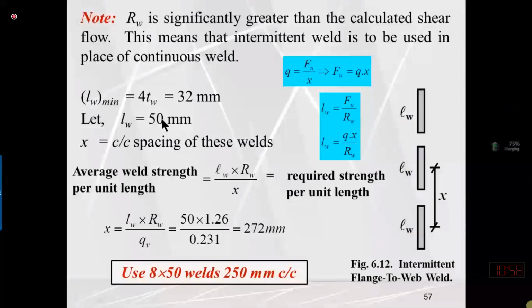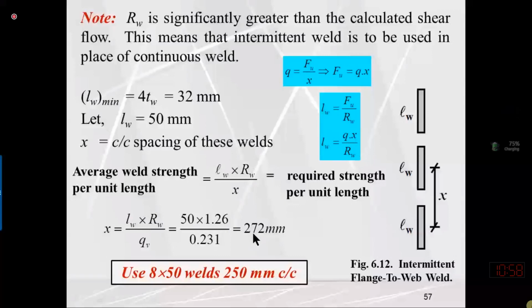So LW is known, Q value is known, weld value is known, and the only unknown is the X value. So the formula will become X equals length of the weld times the weld value divided by Q. After substituting the values, we have the X value 272. So this is the pitch of the weld.